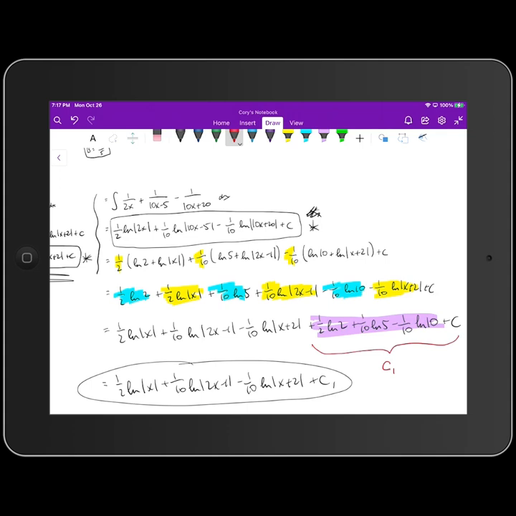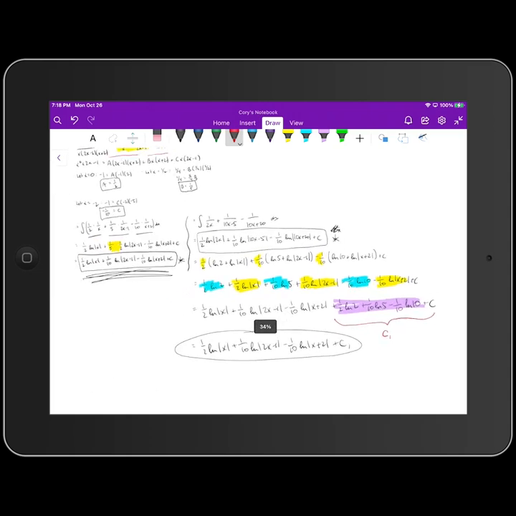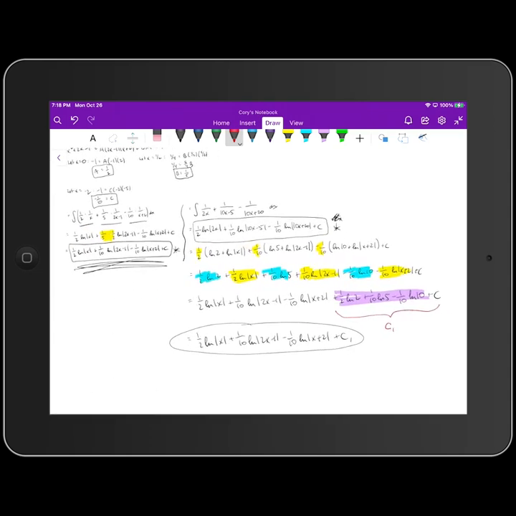Then I took those three constant terms in purple and added them to my constant c, and renamed that constant c sub 1. When I take those constant terms and add them to c, those are all still part of a constant, which I renamed as c sub 1. And when I do that, we see that the two antiderivatives are in fact exactly the same.